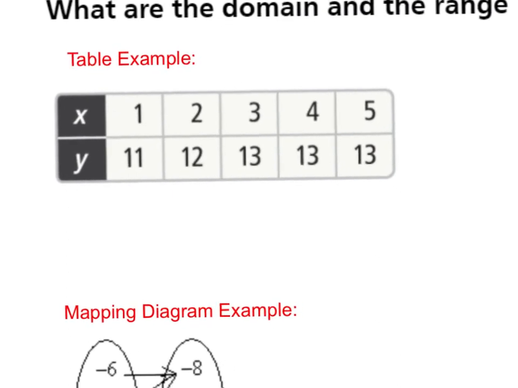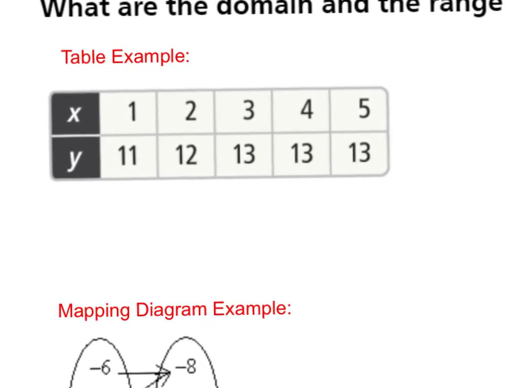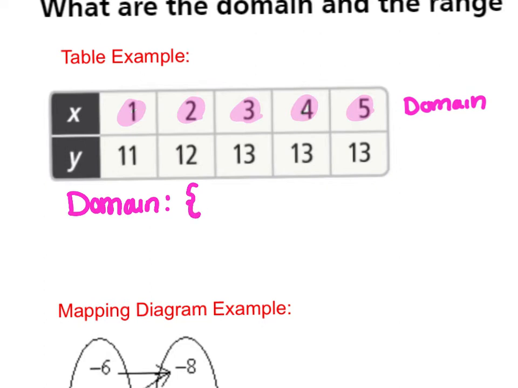So if I look at the table example, again, we know that the domain is the x's. So if I want to list the domain, that means I'm considering each of these x values. So I'm going to identify that these are all my domain values. And if I want to write them out, I'm going to use my curly bracket, and we're going to identify the smallest number and check to see if there's any repeating numbers.